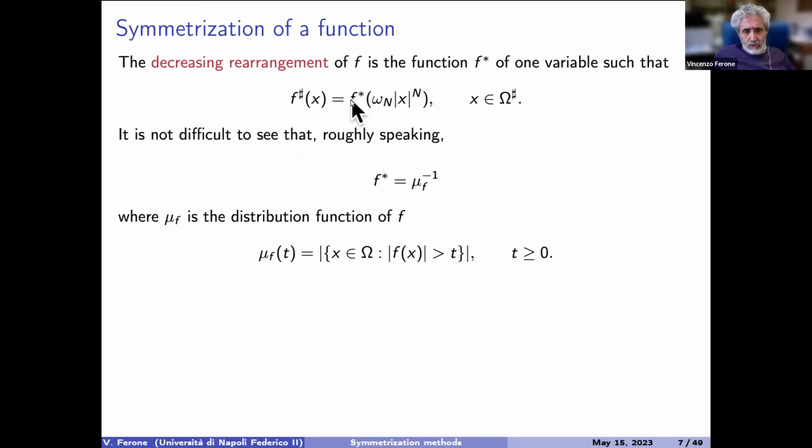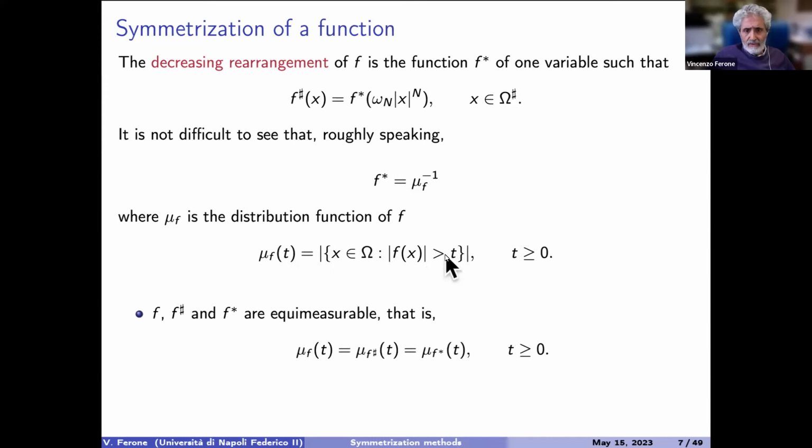So it is not difficult to see that, in a certain sense, which has to be made a little bit more precise, but roughly speaking, this function F star is nothing else than the inverse function of the distribution function of F, where mu of F is defined as the measure of the level sets, of the super level sets, of the function.